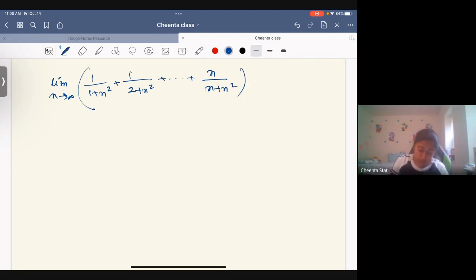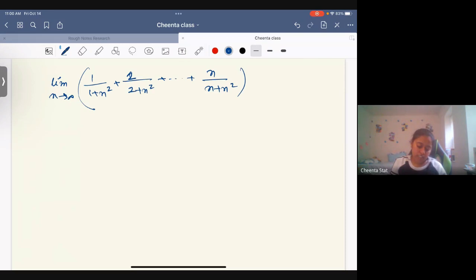This is not a summation which you can calculate easily, because your numerators are in arithmetic progression and the denominators are also in arithmetic progression.